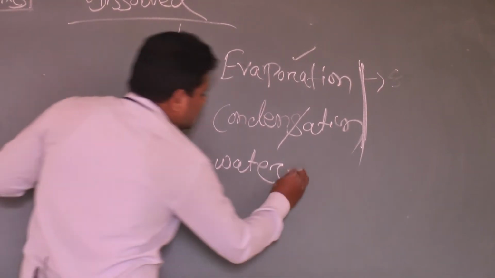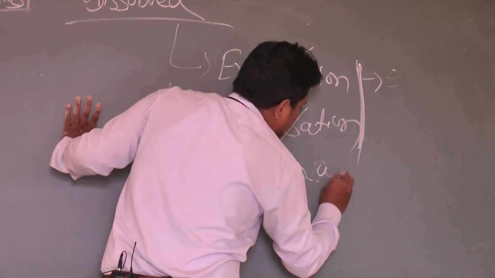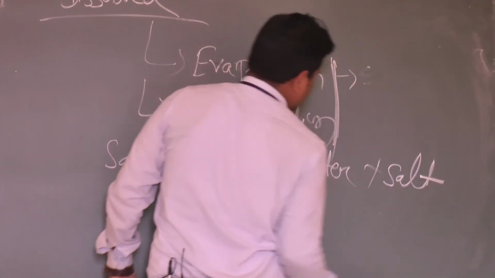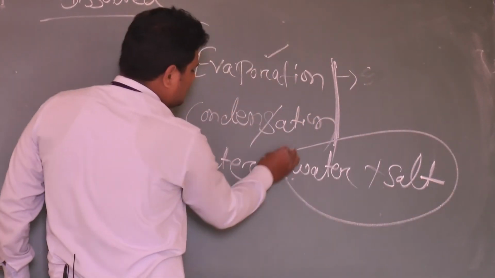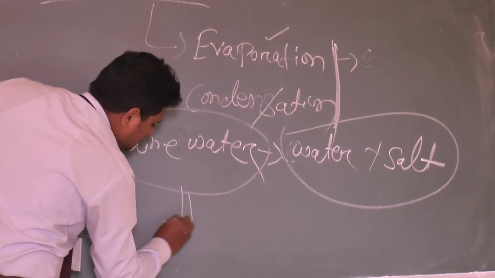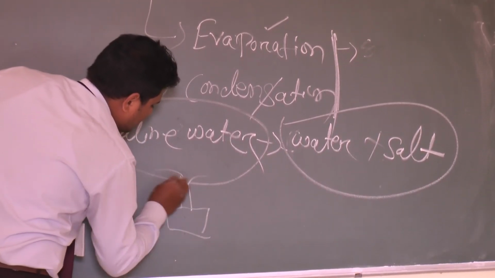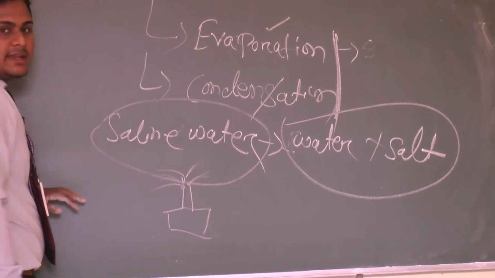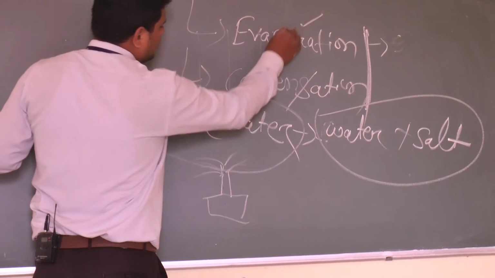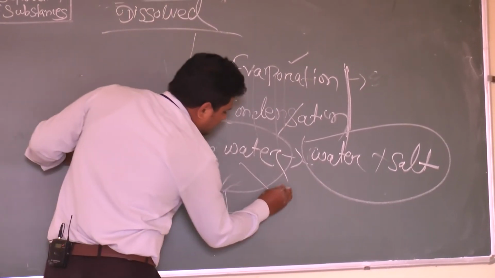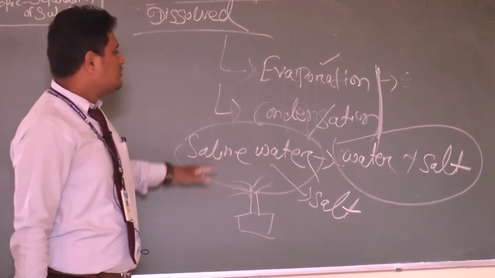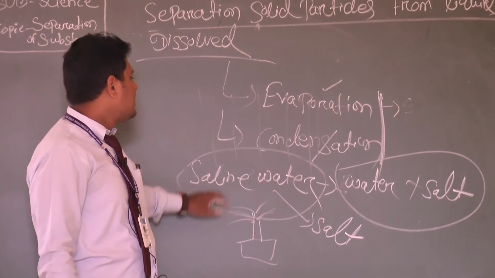Saline water means water plus salt particles. If we provide heat, then due to the heat the water will start to evaporate, and the rest, the salt, will be left here.